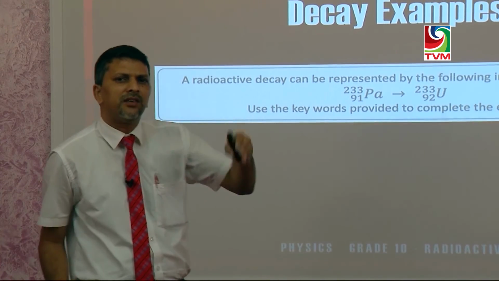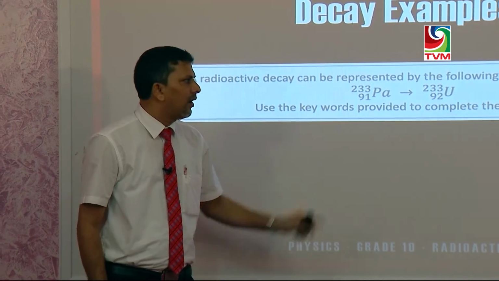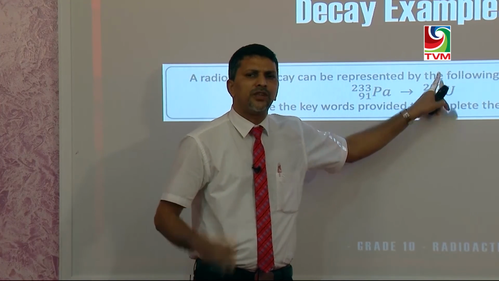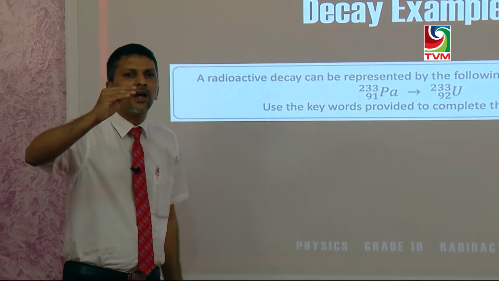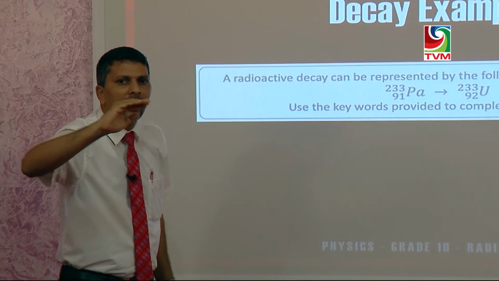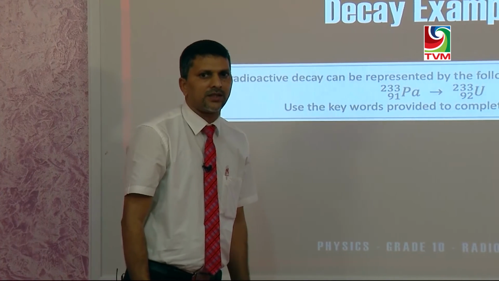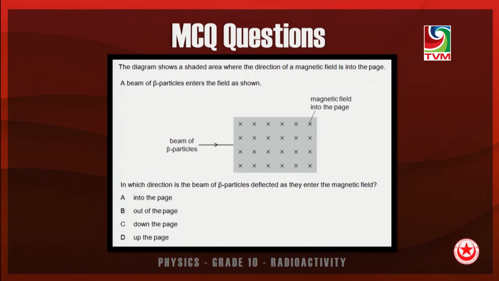So we can think which particle is emitted. Here atomic number increases by 1, mass number no change. So which particle? Yes, it's a beta particle emitted. When beta decay occurs, atomic number increases by 1 and mass number has no change. So here one beta particle is emitted.